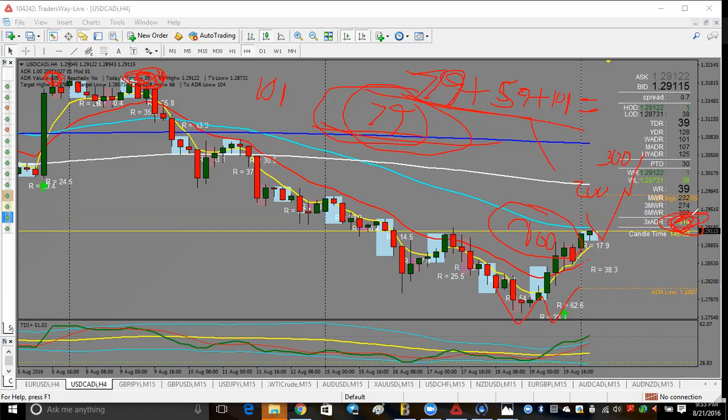However, remember how I said if the 3-day time window has been met, or the ADR, so if this equals this or more, this is your exit. These 3 numbers.